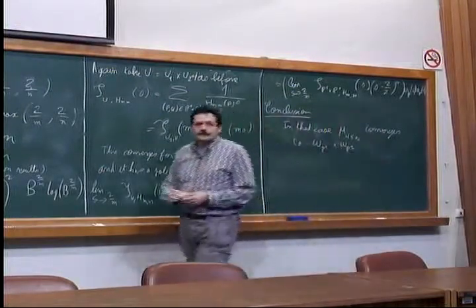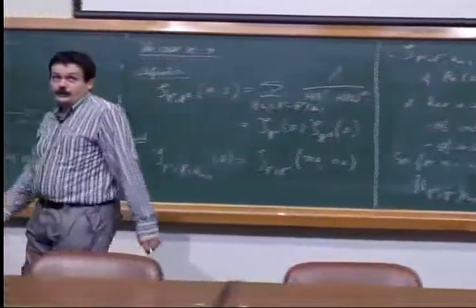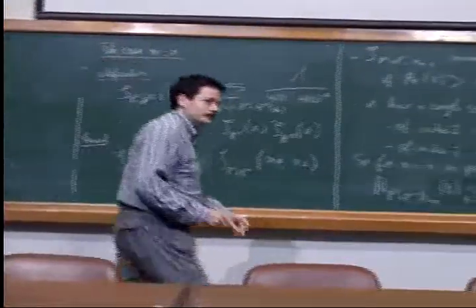So then we get that the measure is given by something which is continuous, and we get equidistribution.